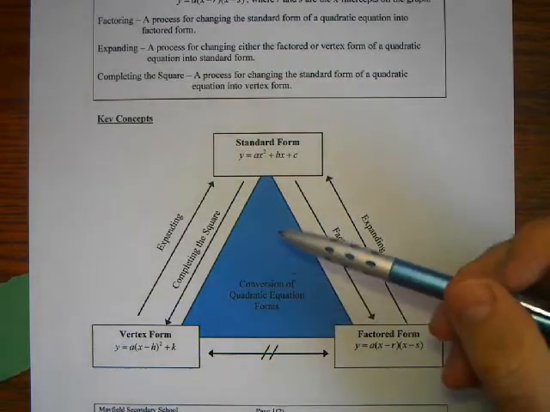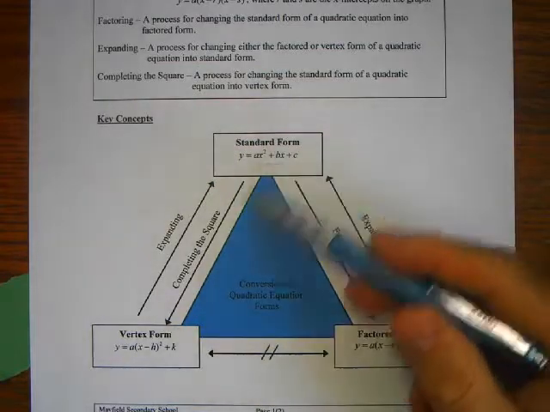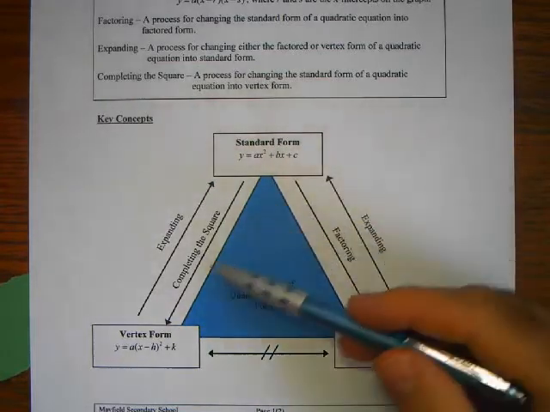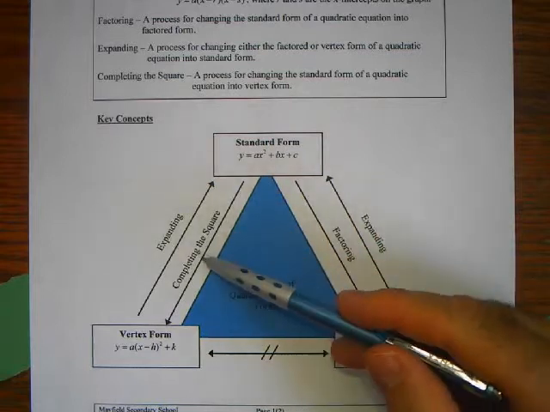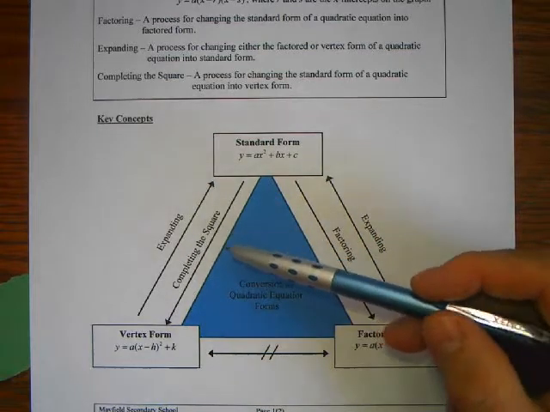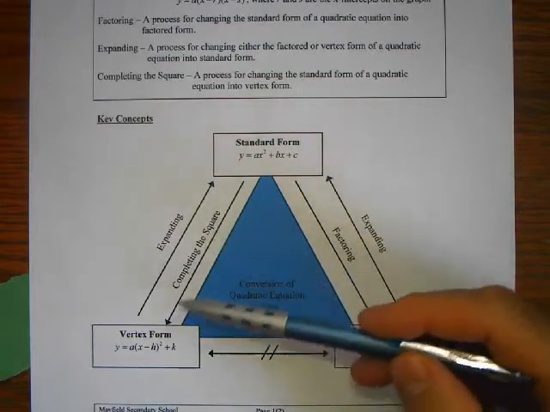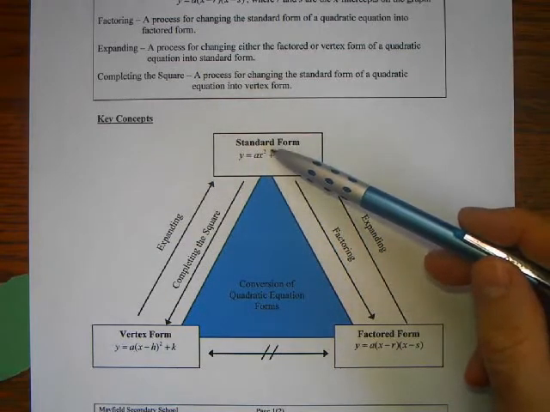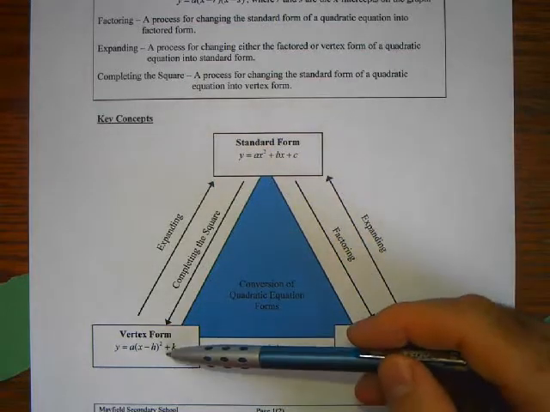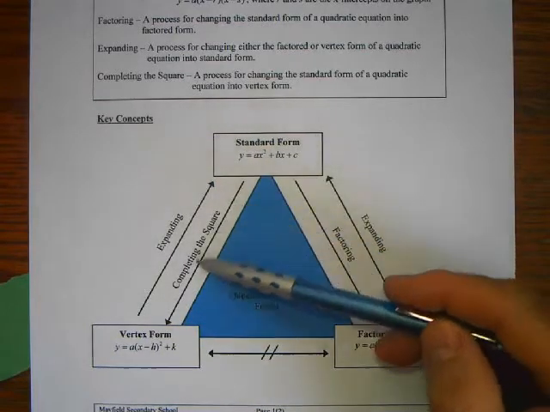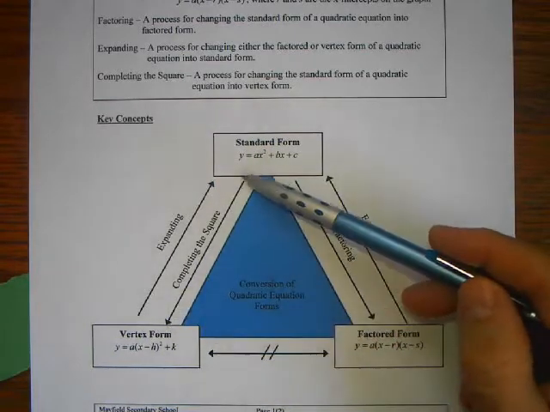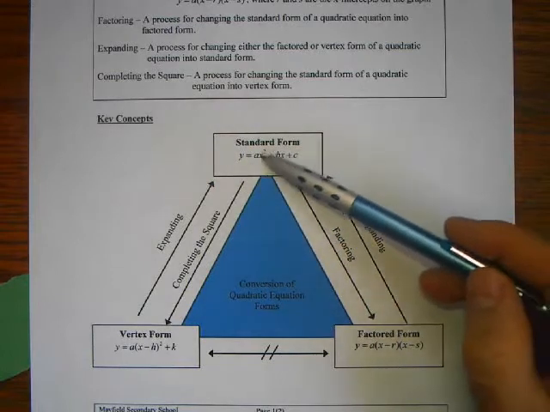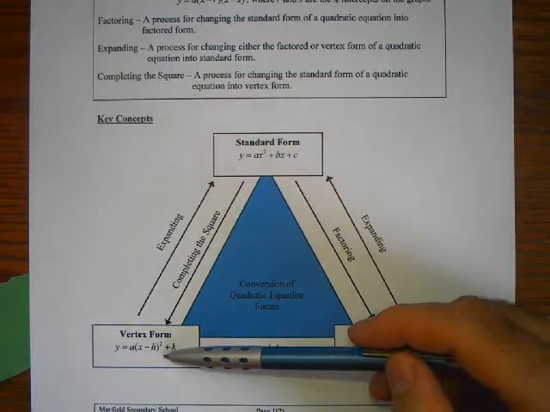Now, in terms of the processes to go from one form to the other, you can see these arrows on the side. These are the actual processes, the strategies we use to go from one to another. For example, if I started with standard form and I wanted to create vertex form, I would do completing the square, and that's what we just did last lesson. So we did a whole lesson on going from here to here.